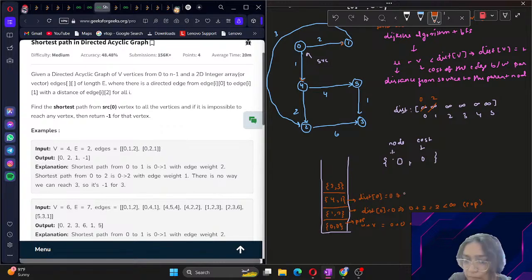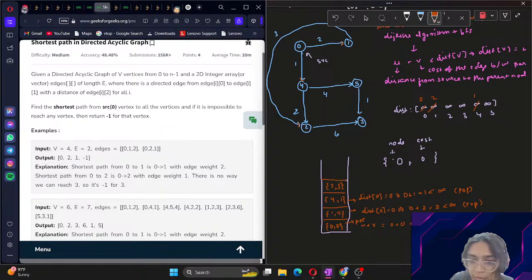That implies 0 plus the cost is 1, which is 1, and that's less than infinity. So we're gonna update. Oh, sorry. We're gonna update this one, and we're gonna pop this out.